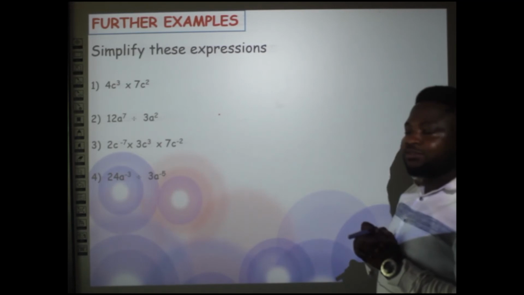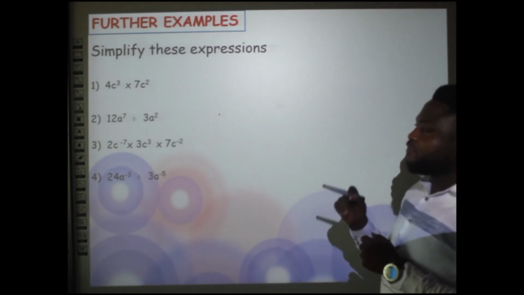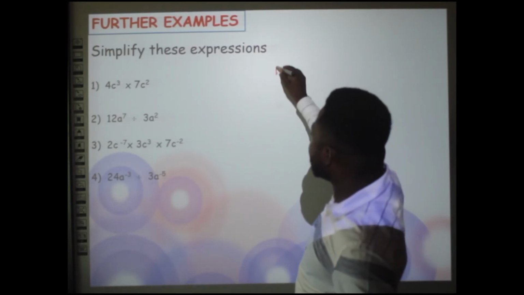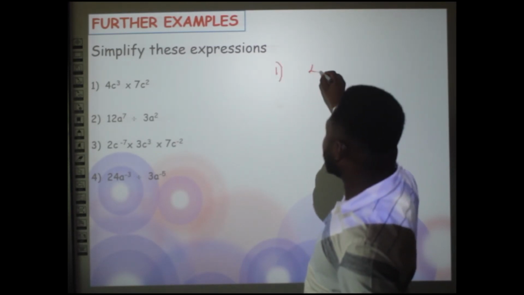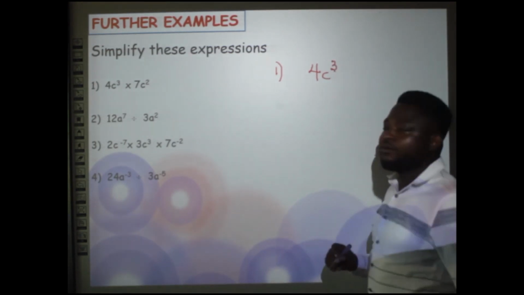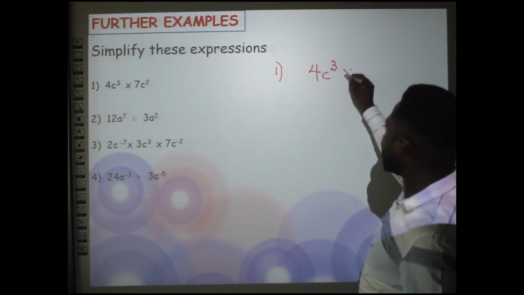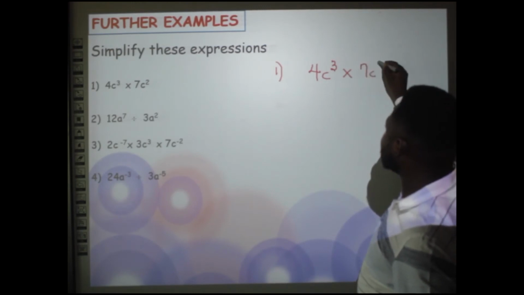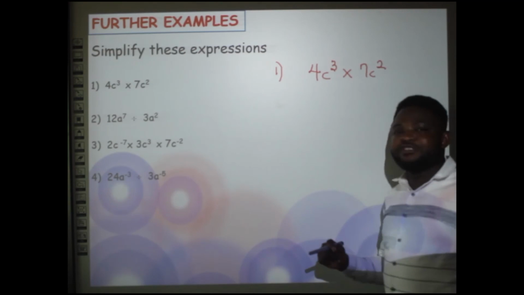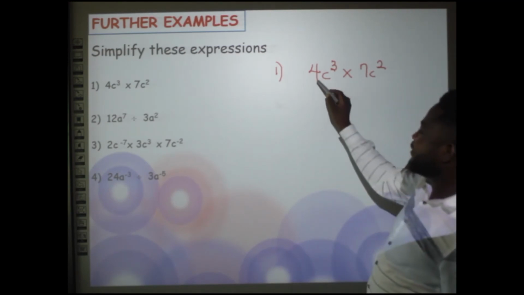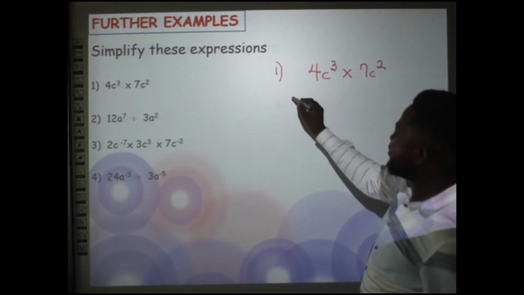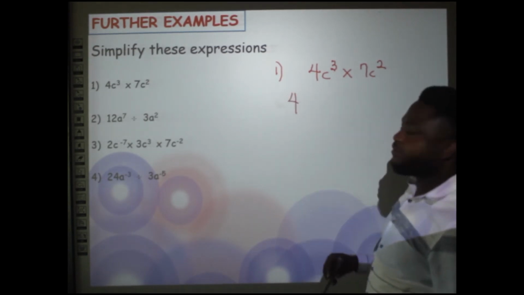Now to start with, from the first question, you write 4c raised to the power 3 multiplied by 7c raised to the power 2. Okay, now to solve this, you simply separate the numbers from the letters. So you bring out 4, right?